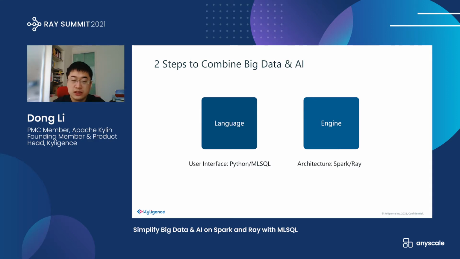To fulfill this, we need the engine to be efficient enough, and inside that, data can be exchanged between the different clusters with less shuffling to ensure efficiency. And from the open source community, we observed the Spark and Ray combination is one of the popular solutions in this era.